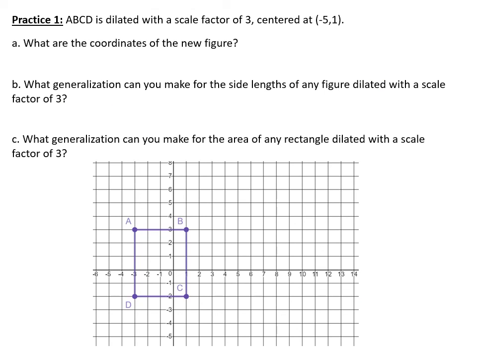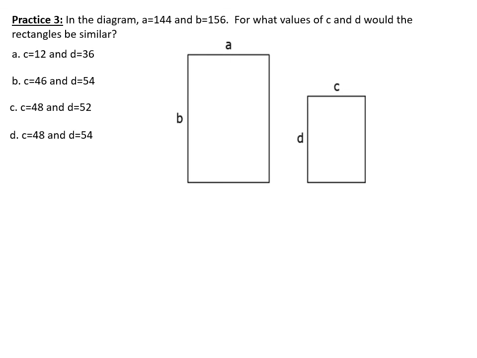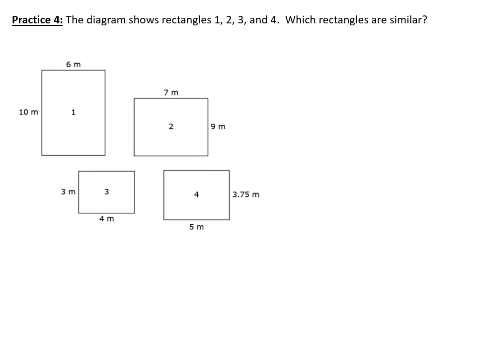Now, practice 1 is like what I just had you do. Practice 2 is looking at similar figures, are they or are they not, and we would compare ratios like the first example. Here you're trying to figure out what values would make them proportional. Here we're finishing example 1, figuring out which ones are similar to each other.